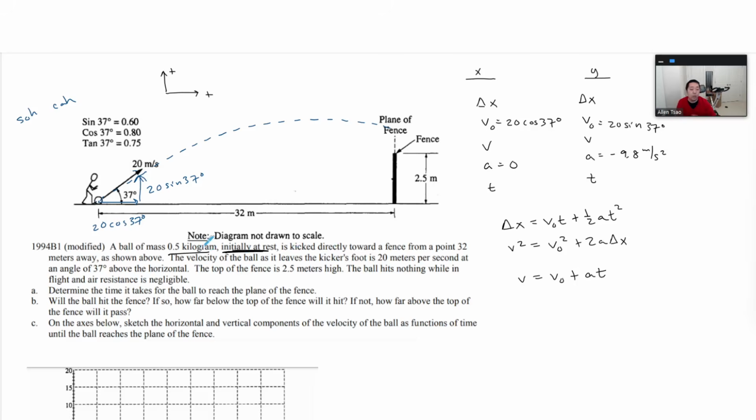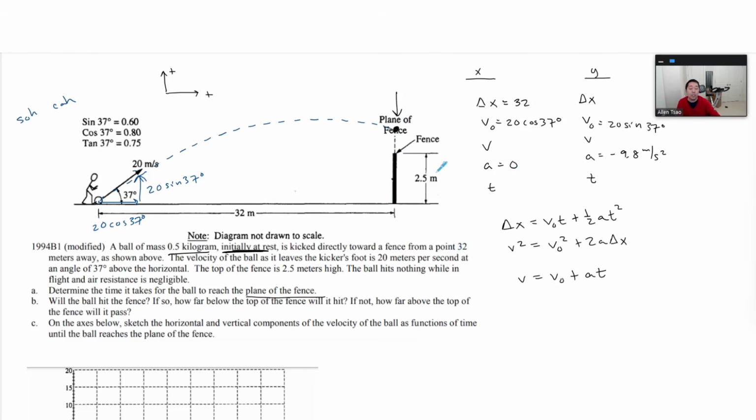Okay. What else do I know? Well, I want to know the time it takes for the ball to reach the plane of the fence. So I want to know where it is at this point in time. If I look at its motion, it's traveled to the right 32 meters. So the displacement horizontally is 32 meters.